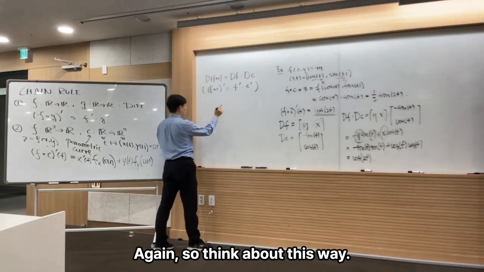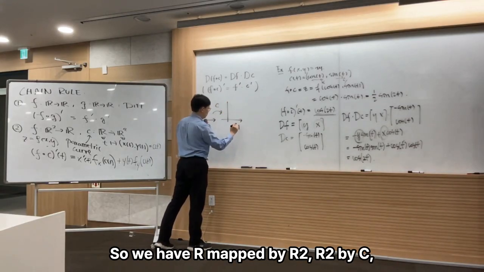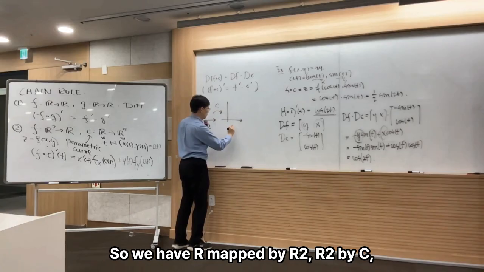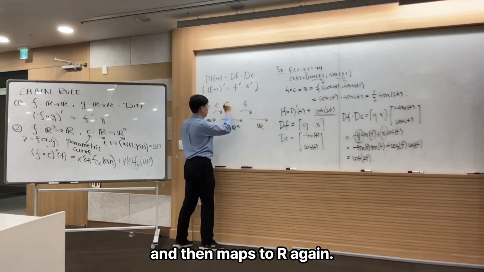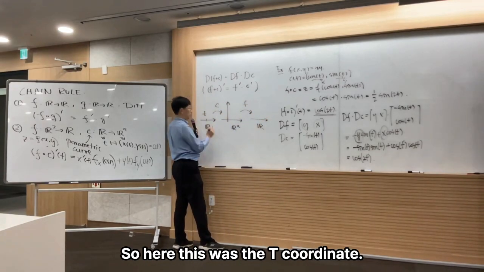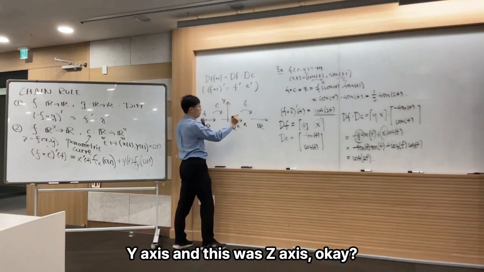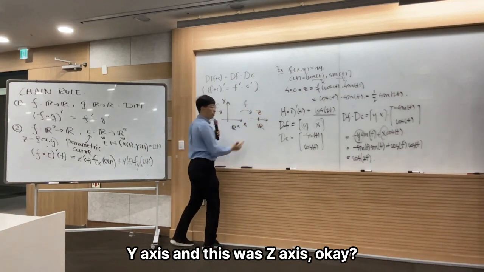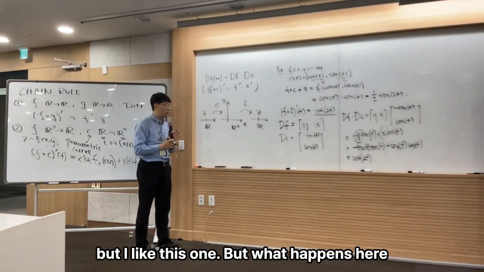Think about it this way. We have R maps by c to R², and then f maps to R again. Here, this was the t-axis, and this was the xy-axis, and this was the z-axis. You can put it into a three-dimensional picture, but I like this one.